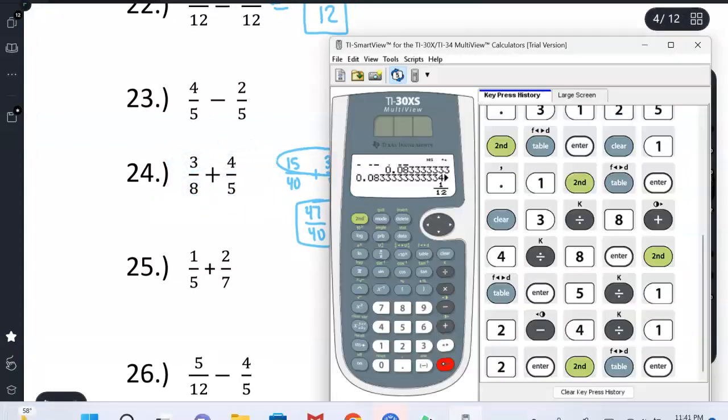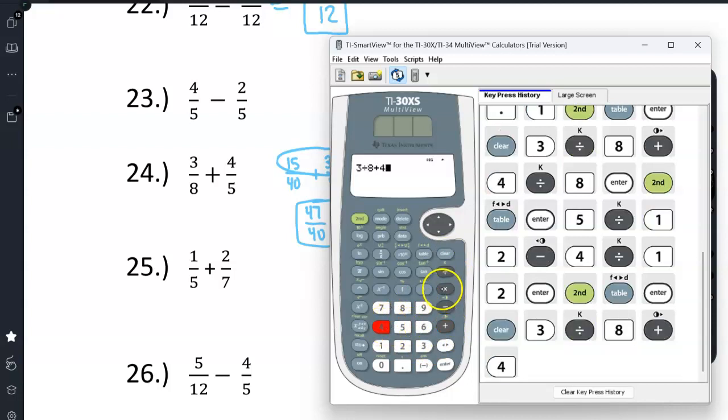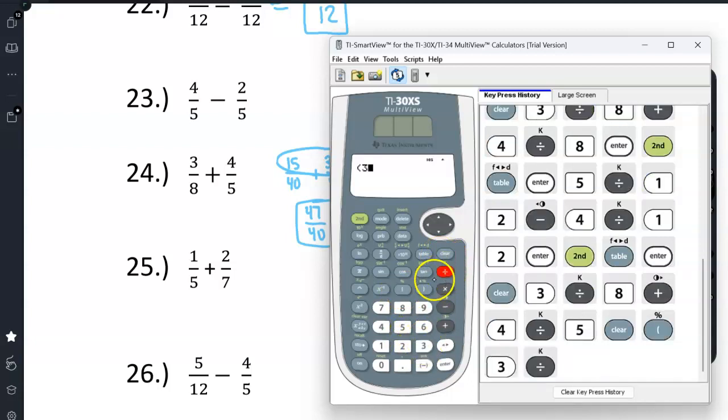So I'm going to grab my calculator, and I'm just going to type in 3 divided by 8 plus 4 divided by 5. And I'm not doing it now, but I would encourage you, until you get used to using your calculator, you may want to put parentheses around these divisions. Let me clear that out and I'll show you what I mean. So you may want to open up your parentheses and then do 3 divided by 8.